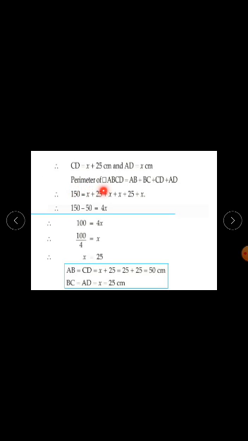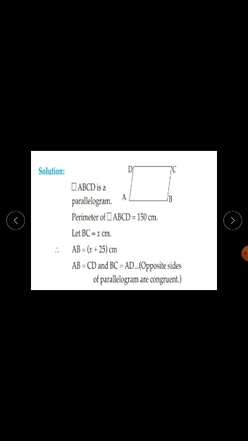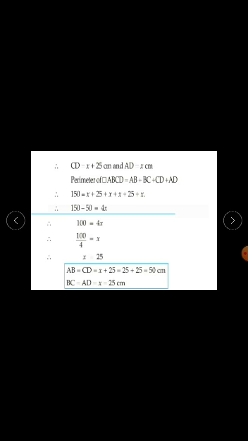The perimeter of quadrilateral ABCD is equal to AB plus BC plus CD plus AD. Now substitute all values. The perimeter is given as 150.